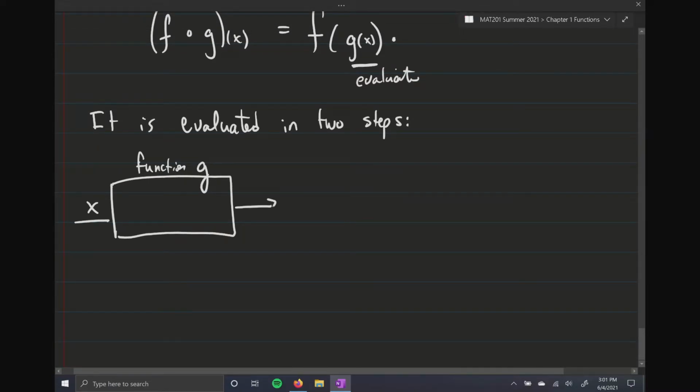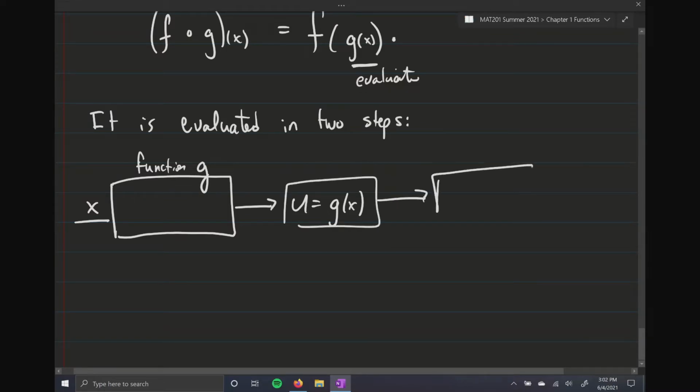And whenever we hit enter on the calculator, it's going to give us some value of g of x that we're going to let u equal. Now, this expression is going into our second calculator. This is called function f, okay?